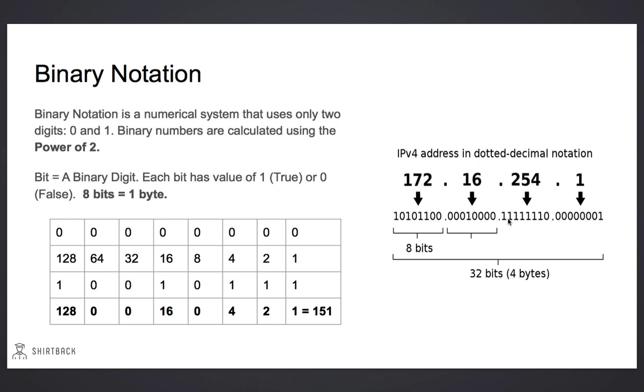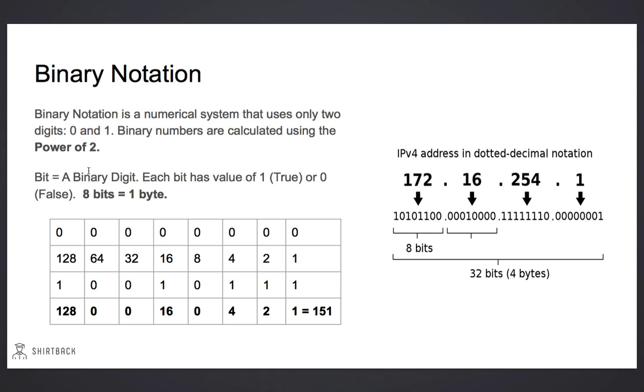Our second numbering system is binary notation. You've probably never used binary notation before. We're just going to briefly introduce it to you so that you're familiar with it later in the course. Binary notation is a numbering system that uses only two digits, 0 and 1. It uses no other numbers.